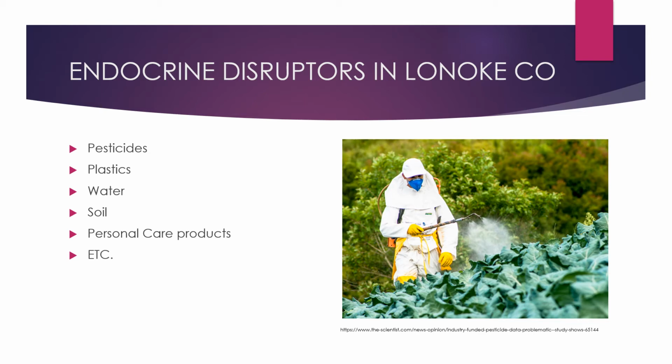They're also found in plastics, water, soil, personal care products, etc. And I wanted to specifically put etc. on this slide just to emphasize that these chemicals are so varying in their chemical structure, meaning there are, like I said, tens of thousands of different types of chemicals, and they're also ubiquitous in the type of things that they're found in. So they're all over the environment outside, all over the environment in your home. So the list of places where you could be exposed to them is quite long.